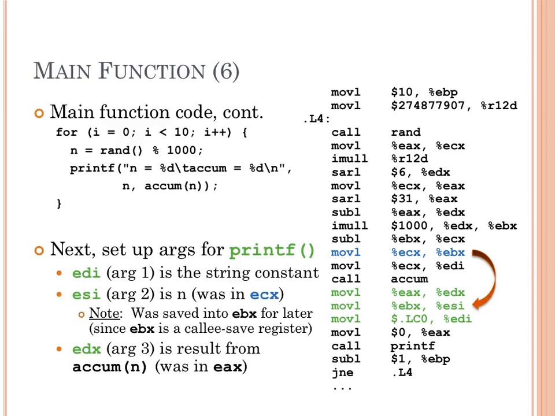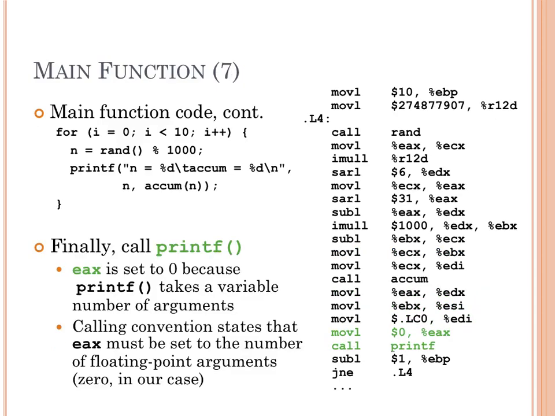We have not gotten to the printf call yet. You can see that's a few lines later. You see that we have this weird thing where we set EAX to 0. The reason we do that is, again, a Baroque detail that you're not required to know. But printf is a variadic function. It takes a variable number of arguments.